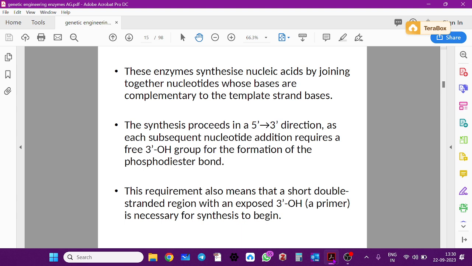I am calling them N1, N2, N3, nucleotide, phosphate. You have an oxygen molecule also. I am not drawing the oxygen molecule. So they synthesize phosphodiester bonds.